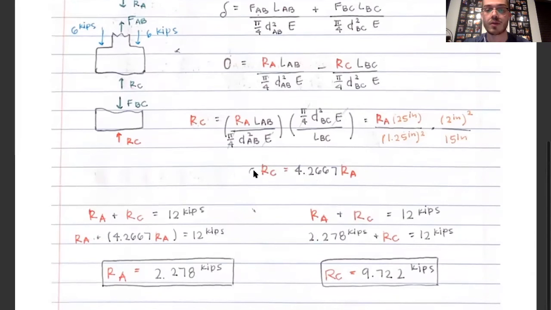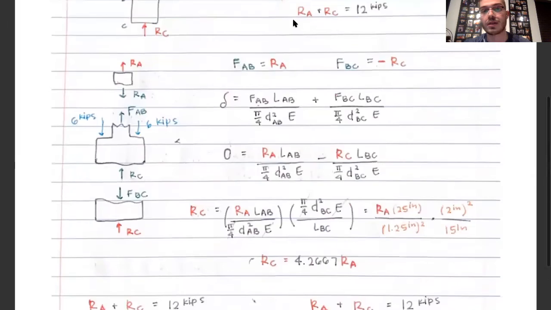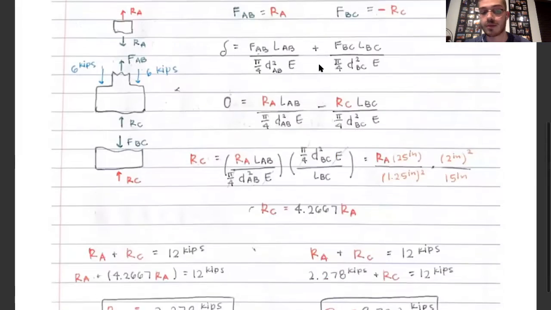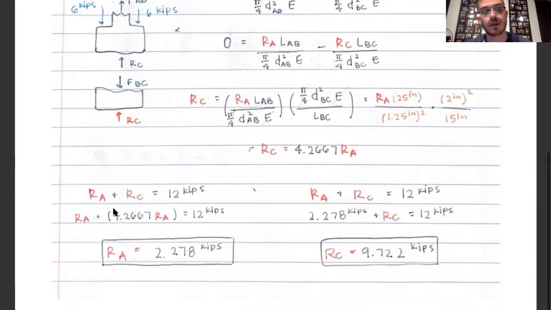Now, if we put this resulting equation back into our previous equilibrium equation of reaction force of A plus the reaction force of C equals 12 kips, we're left with the reaction force of A plus 4.2667 times reaction force of A is equal to 12 kips, which means that the reaction force of A is equal to 2.278 kips.